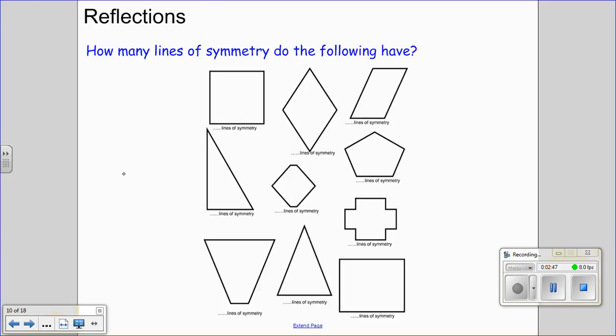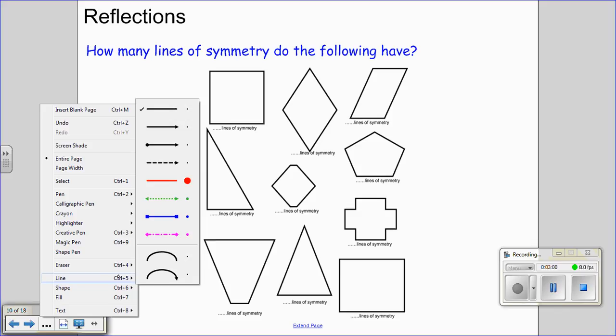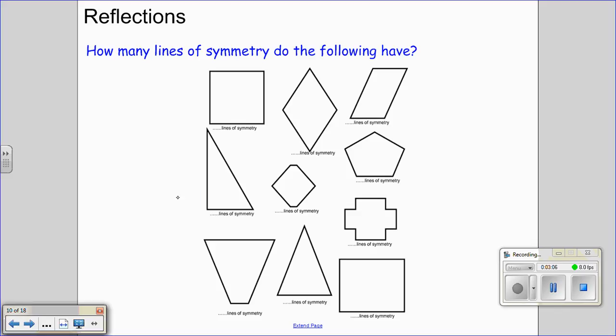Now we're going to talk about lines of symmetry or line symmetry. A line of symmetry is a line that you could draw from vertex to vertex or from edge to edge, and you should be able to fold the figure on that line and produce mirror images, where they fold over and no edges stick out, or they match up totally, 100%.